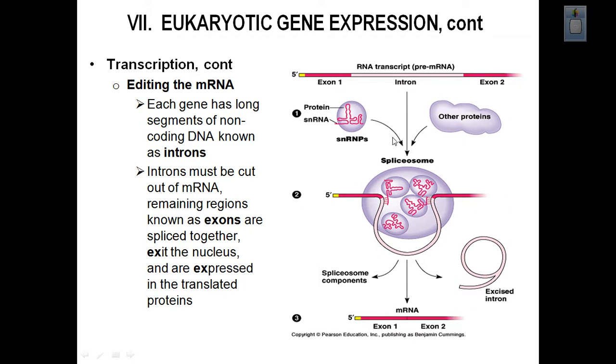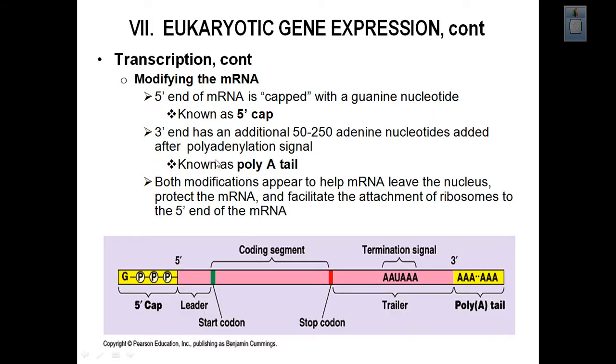In this picture, the spliceosome, which are these things called SNRPs, small nuclear RNA, as well as other protein molecules, come around the RNA and cut out the pieces that are not needed, which are the introns, and we will have a new mRNA, right down here, that consists specifically of exons, which are the pieces that are going to be expressed. So this is eukaryotic gene expression, which does not happen in the bacteria.